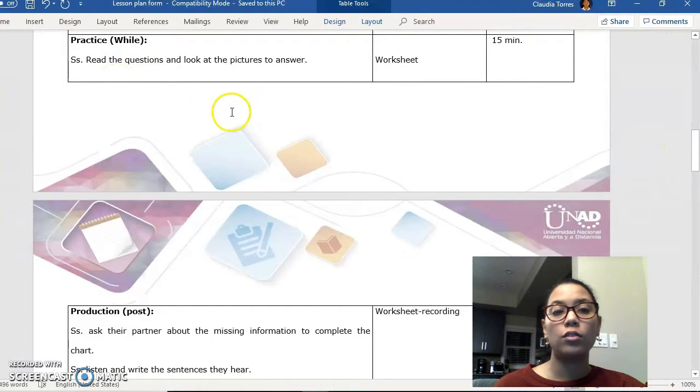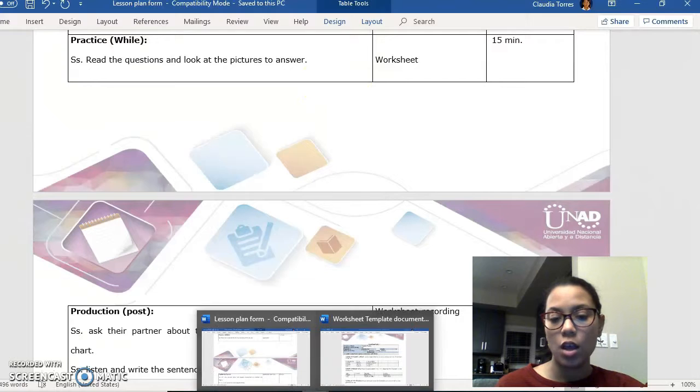And after that, we had some practice in the same worksheet, as you can see, this time for 15 minutes. So it takes longer because, in this stage, they had to read the questions and look at the pictures, and they had to answer.